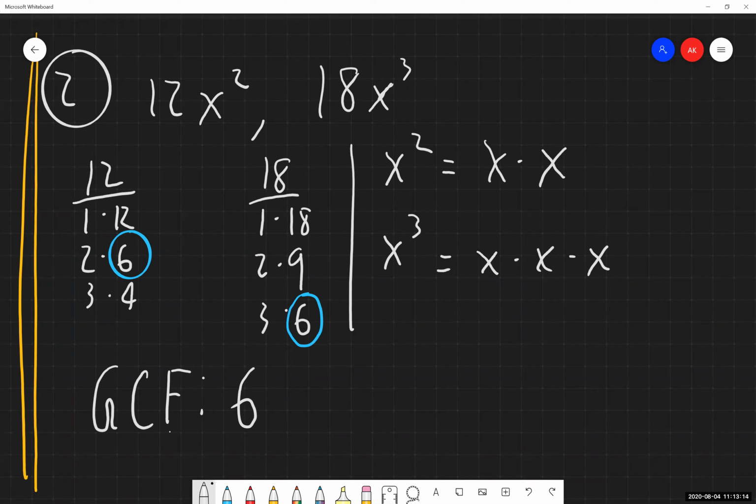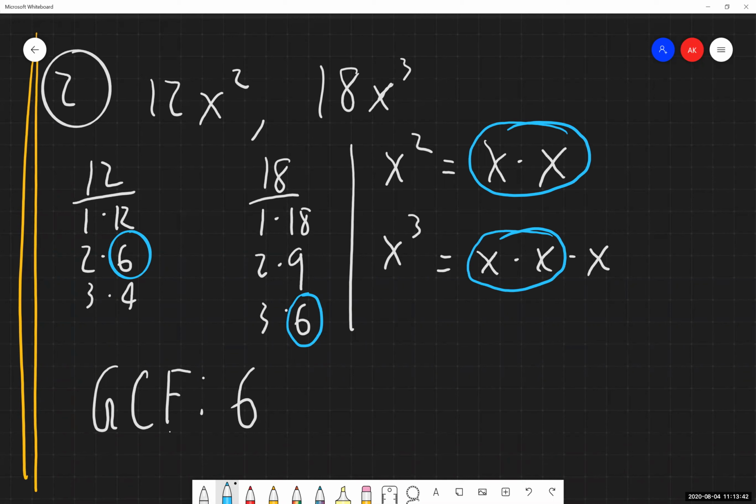Now again, we're trying to find the greatest common factor that these things have with one another, meaning what is the largest number that can evenly go into both x squared and x cubed? Well, the nice part about variables, there's a nice little trick with these. I'm seeing I have 2 x's here, and I have 3 x's in my second one. But within those 3, it does have 2 in it also.